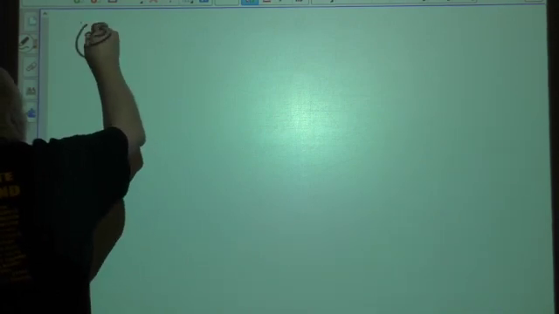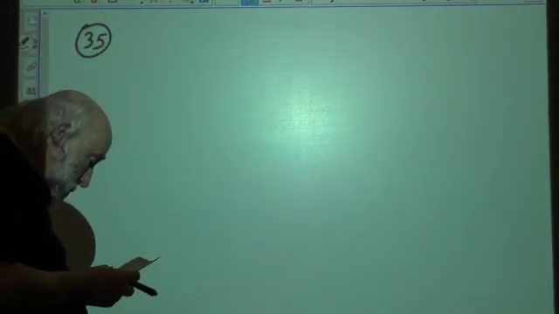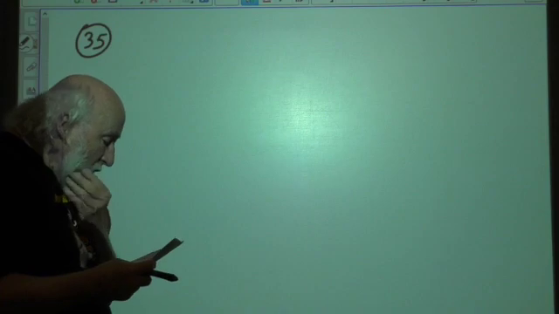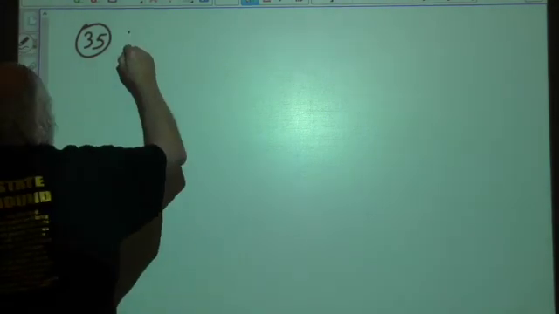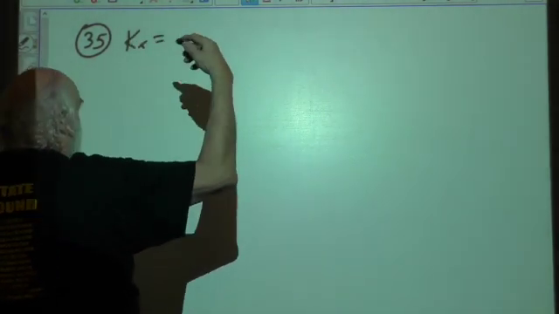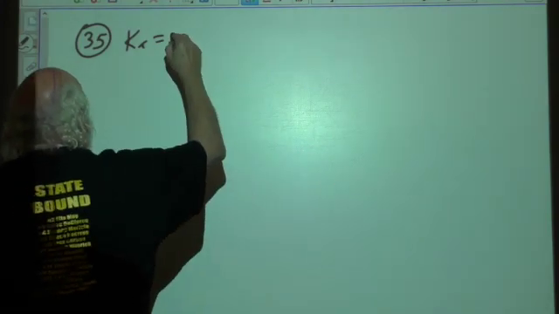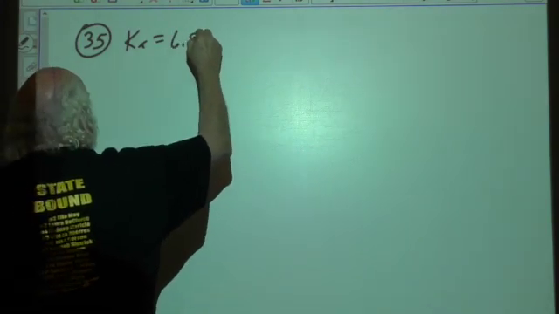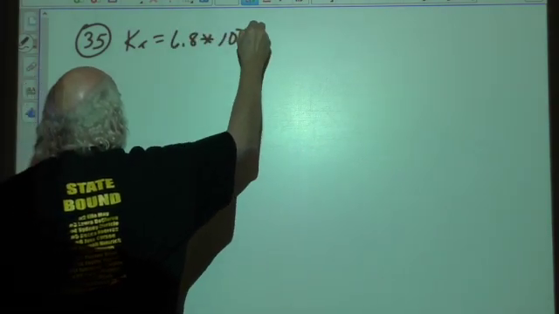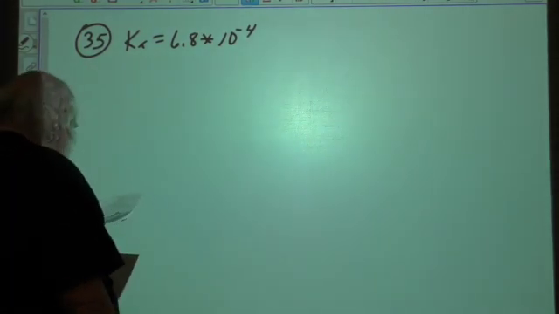Last problem. Then I'll let you have some real fun. Play with your calculators and stuff. This one we're dealing with hydrofluoric acid. Hydrofluoric acid has a Ka, according to page 727, of 6.8 times 10 to the negative 4.